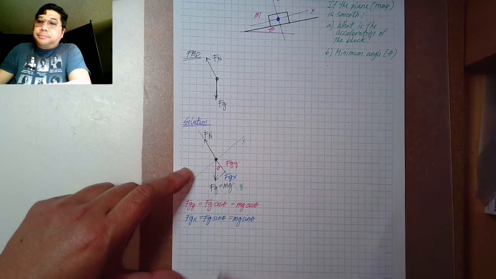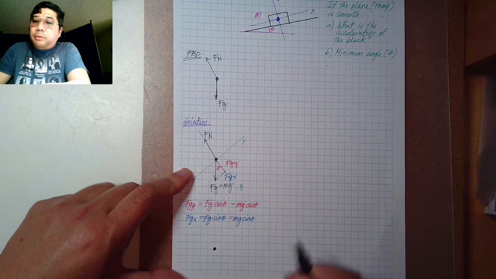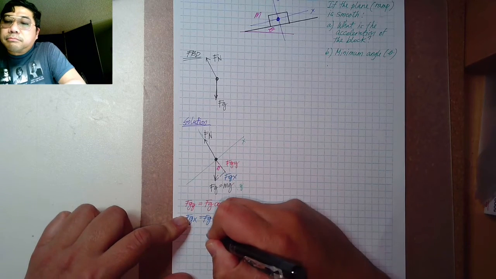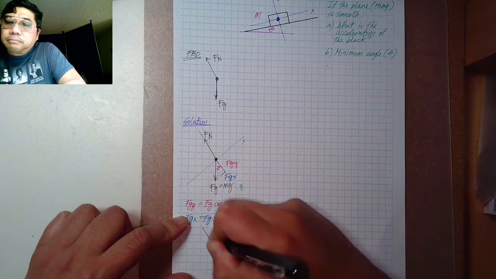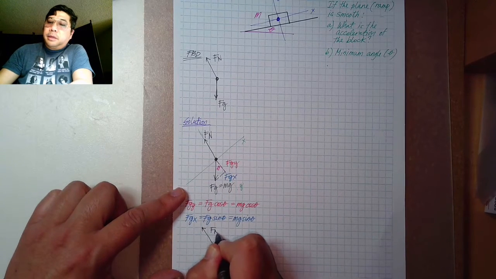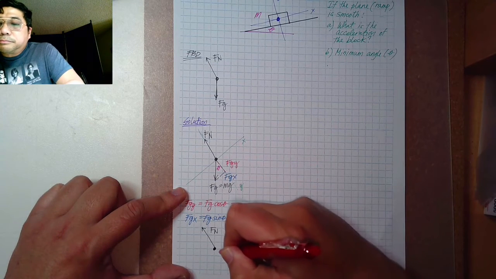Expanding it further, we can draw another dot right here with our free body diagram. We have the normal force Fn, and the normal force is being opposed by the y component.